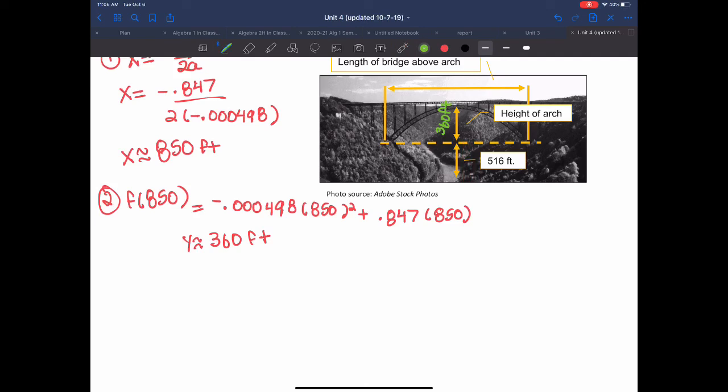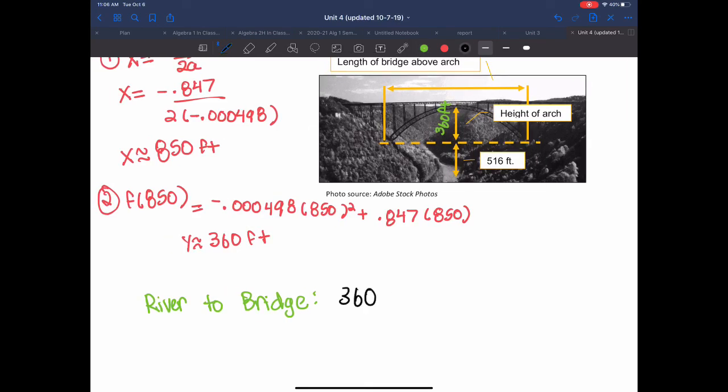So the river to the bridge height is represented by 360, which is the y value that I found, plus 516. And 360 plus 516 gives me 876. So I know that the height from the river is going to be 876 feet, okay?